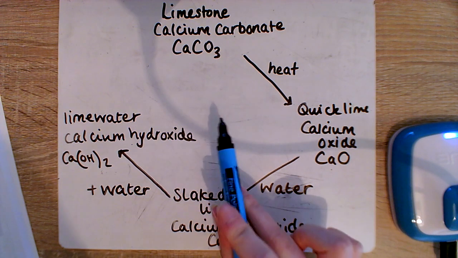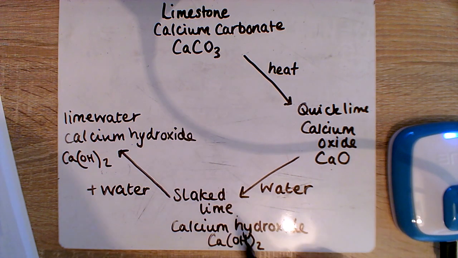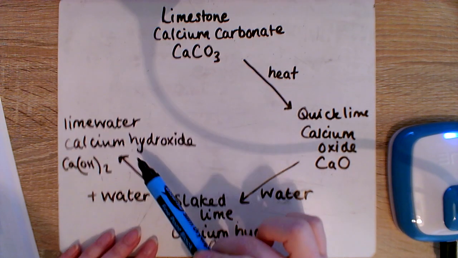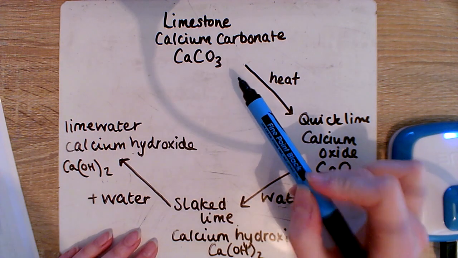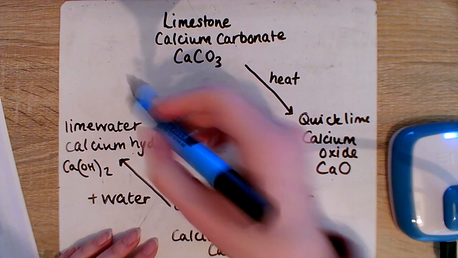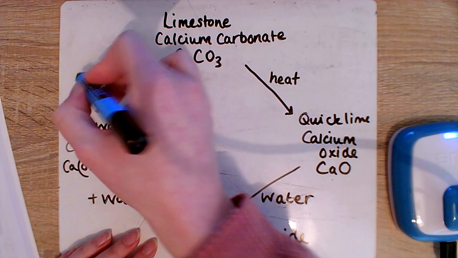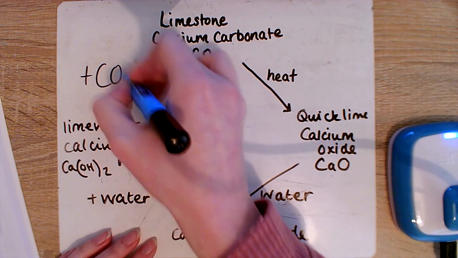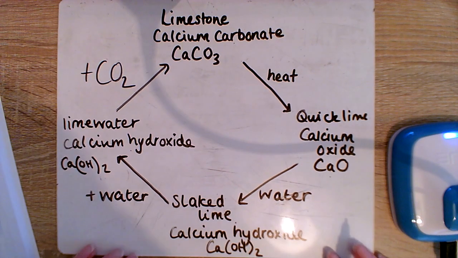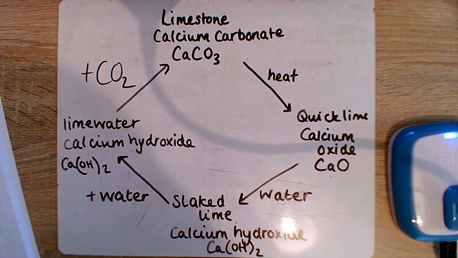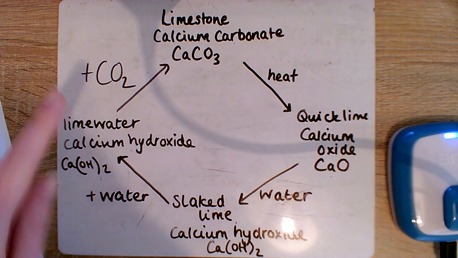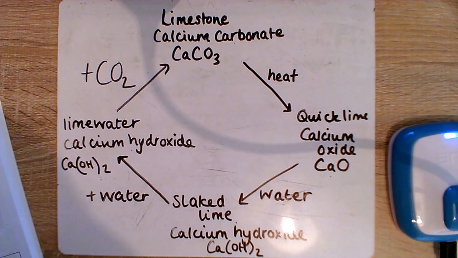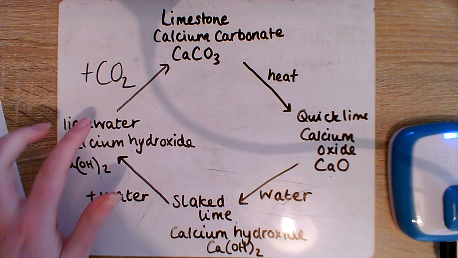So we've gone from limestone to calcium oxide to calcium hydroxide, and then again to calcium hydroxide with a bit more water in it. And we can go back to calcium carbonate from calcium hydroxide if we're able to add the carbon dioxide. So as I said, we use lime water to test for the presence of carbon dioxide gas. And if you remember, when we do that experiment, the lime water changes.